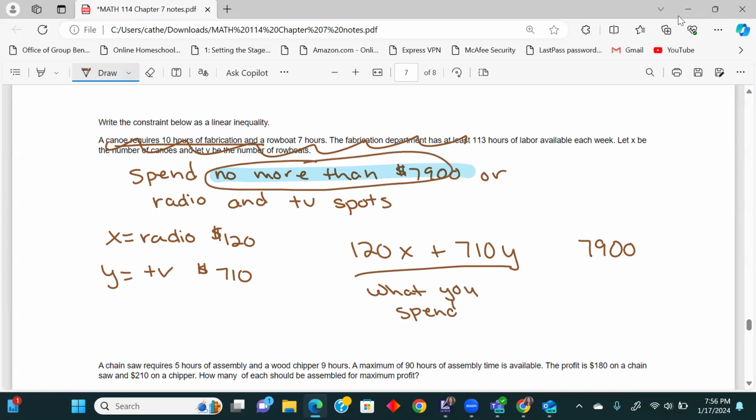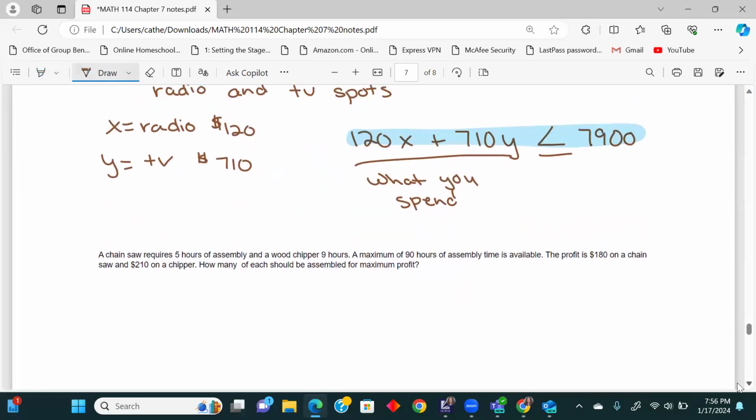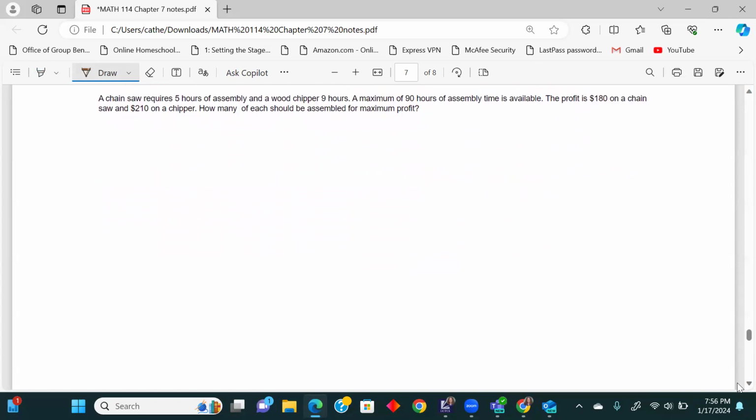So what you spend, is that less than or more than? It has to be less than, and it says no more than, so that includes 7,900. So that is the constraint, that is the inequality that they are looking for. You just have to be careful with the wording on those. Not actually solving anything, just setting them up.